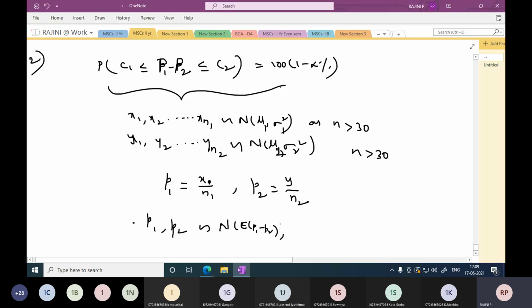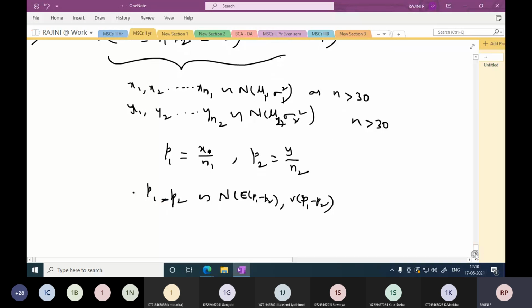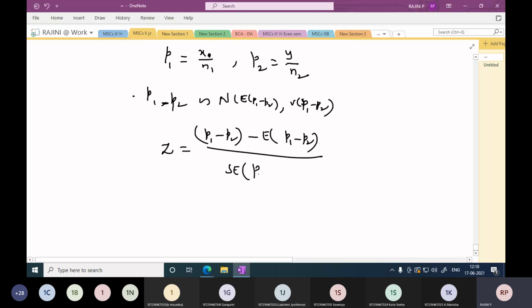So the variance of p1 minus p2. The difference p1 minus p2 also follows a normal distribution because both the samples follow a normal distribution. Then what is Z? Z is equal to p1 minus p2 minus the expectation of p1 minus p2, divided by the standard error of p1 minus p2, which follows normal 0, 1.